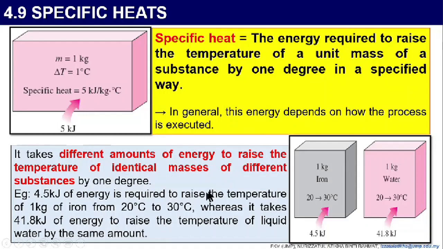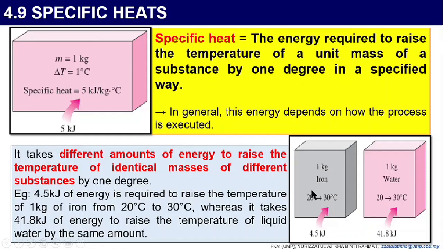So for example, you have iron and you have water. So it is two different substances. However, the mass is the same, 1 kilogram, and the temperature goes from 20 degrees to 30 degrees. To increase the temperature from 20 to 30 degrees, we have to add some amount of energy.